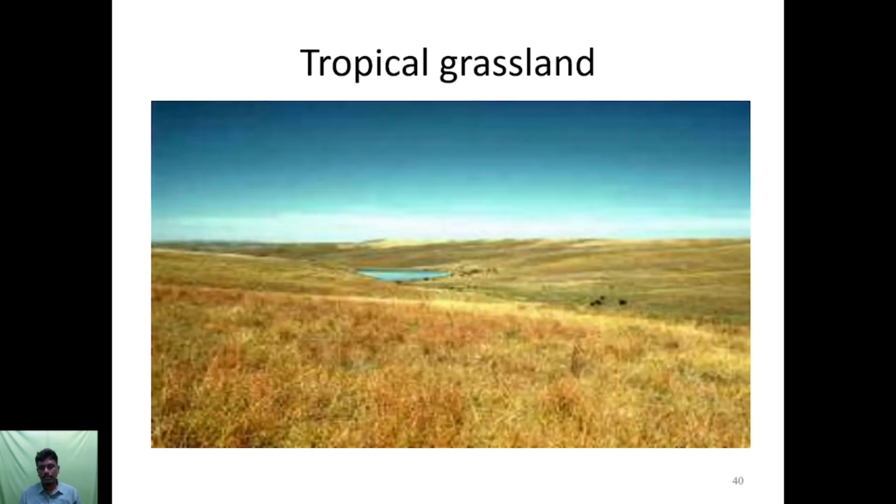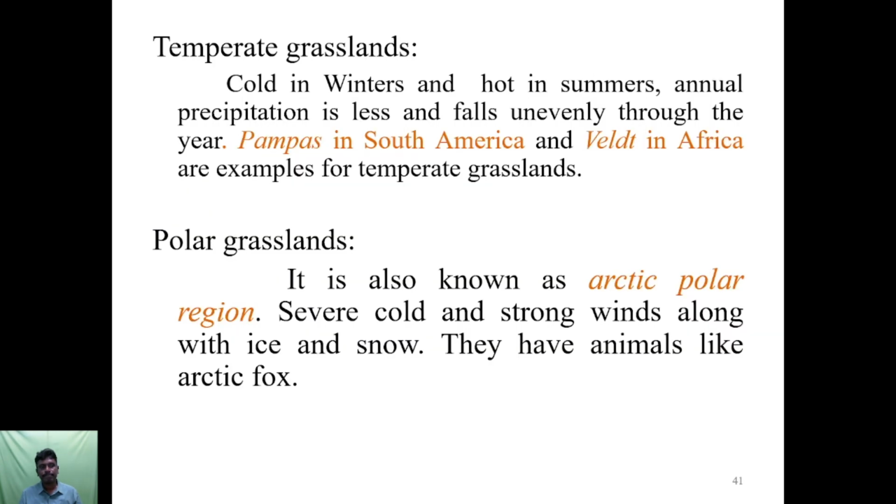So this is the picture for tropical grassland. Then temperate grasslands. In winter time it is very cold and hot in summers. Annual precipitation is less and falls unevenly through the year. Pampas in South America, Veldt in Africa are examples for temperate grasslands.